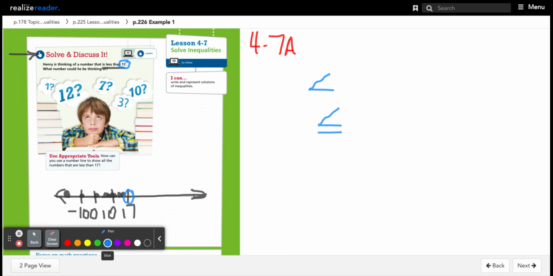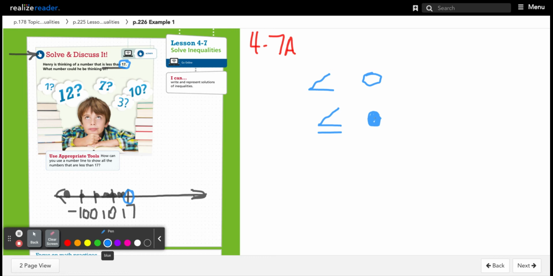The word problem is less than. So that means that we're going to leave that dot as an open dot. If the word problem said less than or equal to, we would be making a closed dot. We would be including that value of 17. But for now, we're using the open dot at number 17.